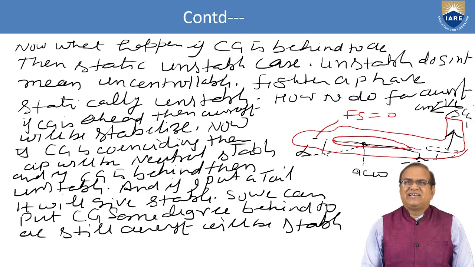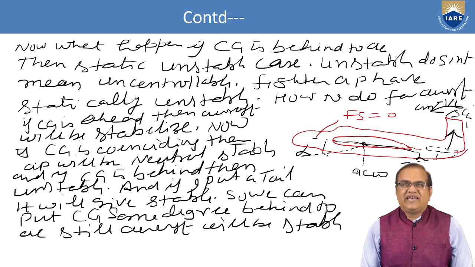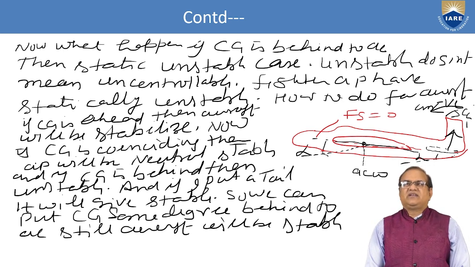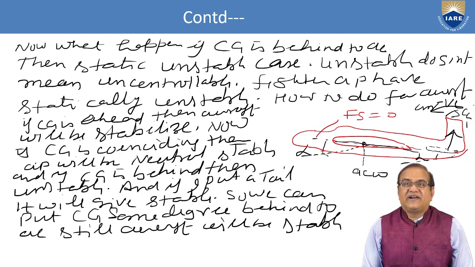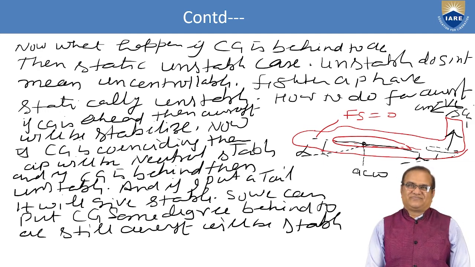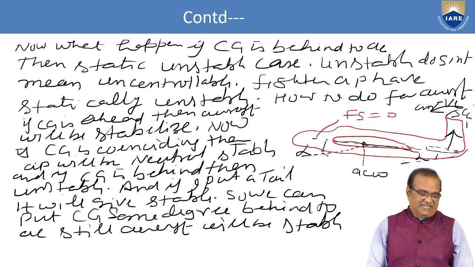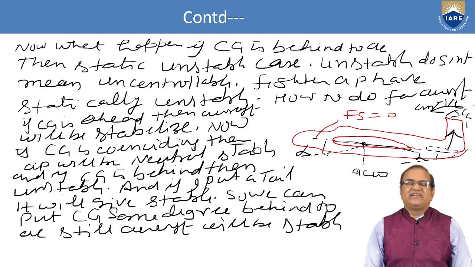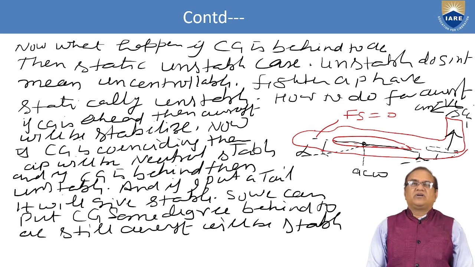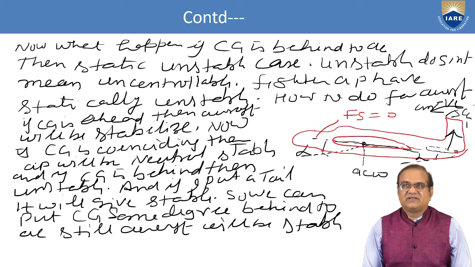what happens if CG is behind the aerodynamic center? Then the aircraft will be a statically unstable case. Unstable does not mean uncontrollable. If the aircraft is unstable, it doesn't mean that it is uncontrollable, because fighter aircraft are statically unstable.